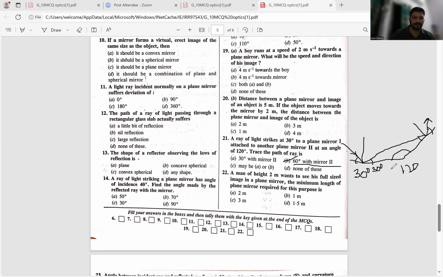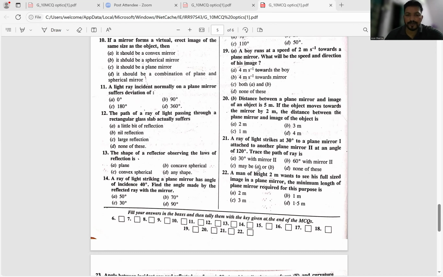This is your mirror 1, this is your mirror 2. So the angle is 30 degree. They ask to trace the path of a ray of light. You better understand from here.